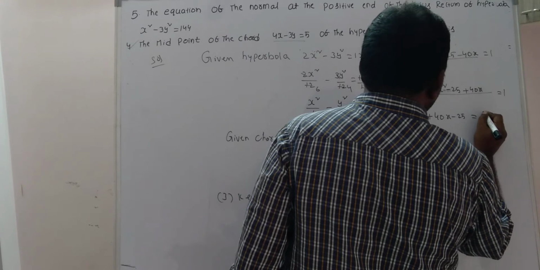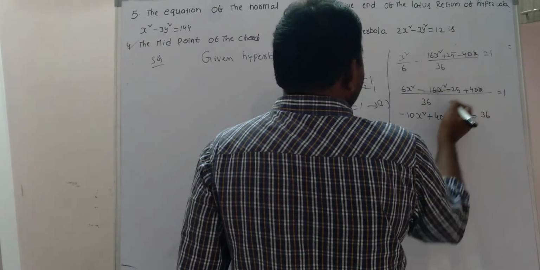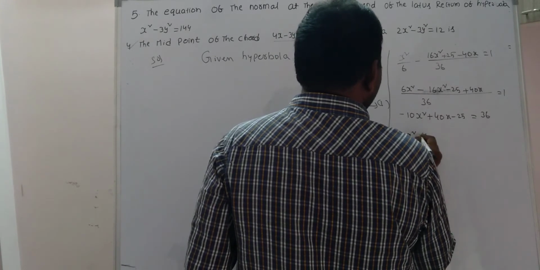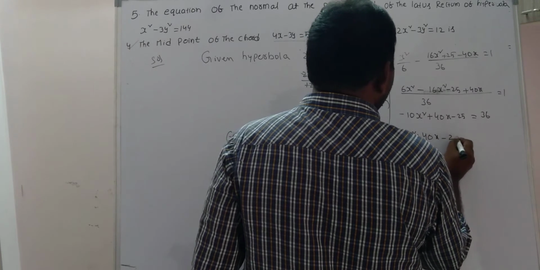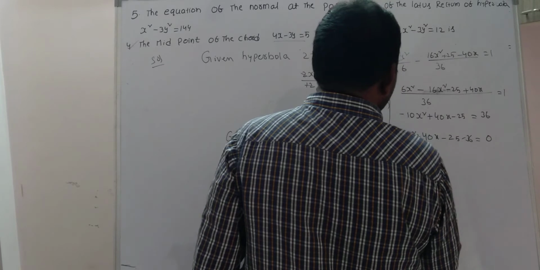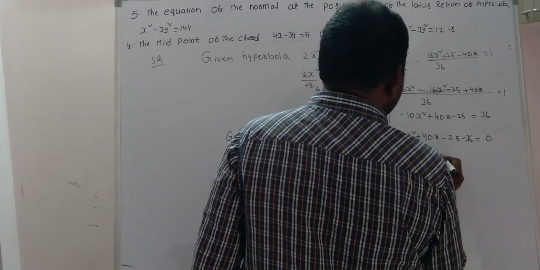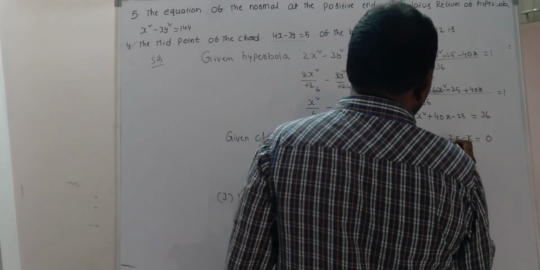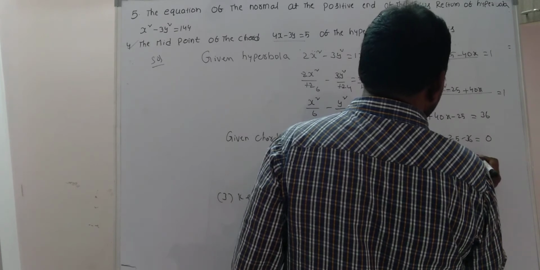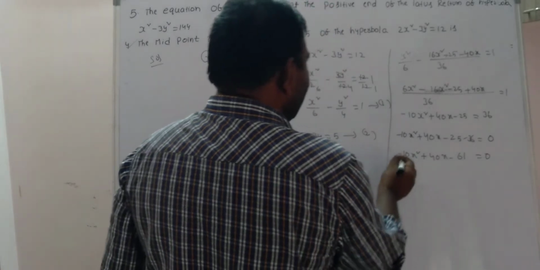Take the 36 to this side: minus 10x square plus 40x minus 25 minus 36 is equal to 0. Adding both, we get minus 61. Okay, here we find one thing.